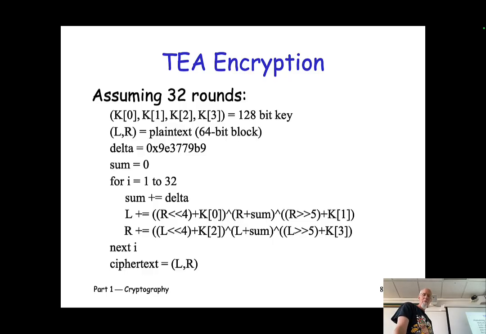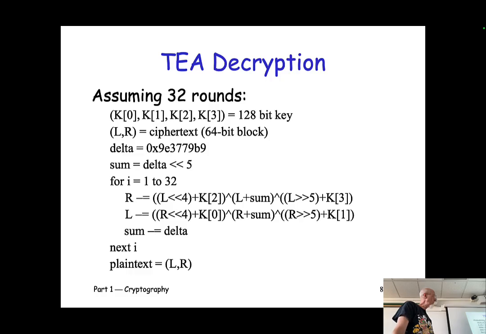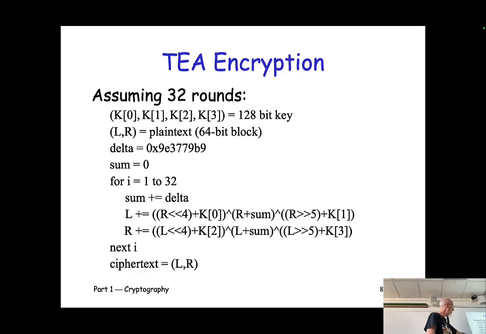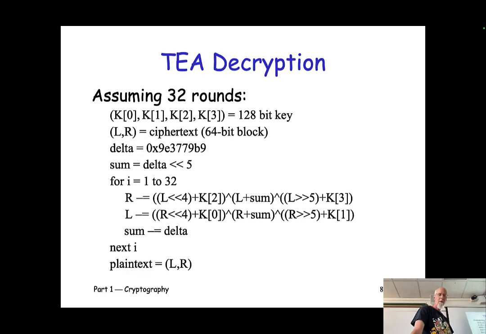Well, it's actually almost a Feistel cipher. The only real difference is right here we're using plus and minus, which technically is addition and subtraction mod 2 to the 32, instead of XOR. A Feistel cipher uses XOR. So it's just updating using addition and subtraction instead of XOR.